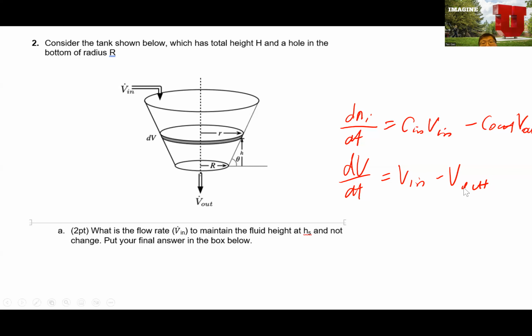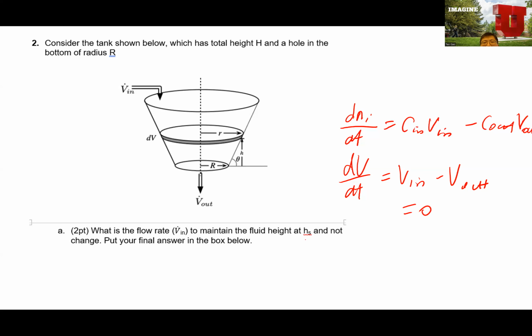Here, if the fluid is at a steady state HS that does not change, that means the volume is also not changing, right? Although volume not changing is not explicitly stated in the problem statement, you should know that when height doesn't change, volume doesn't change. Then we can just set this equation to 0.